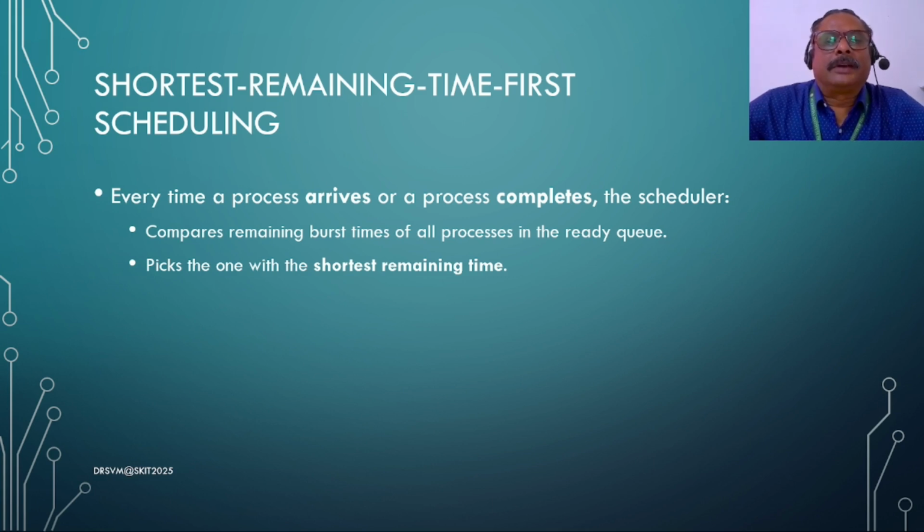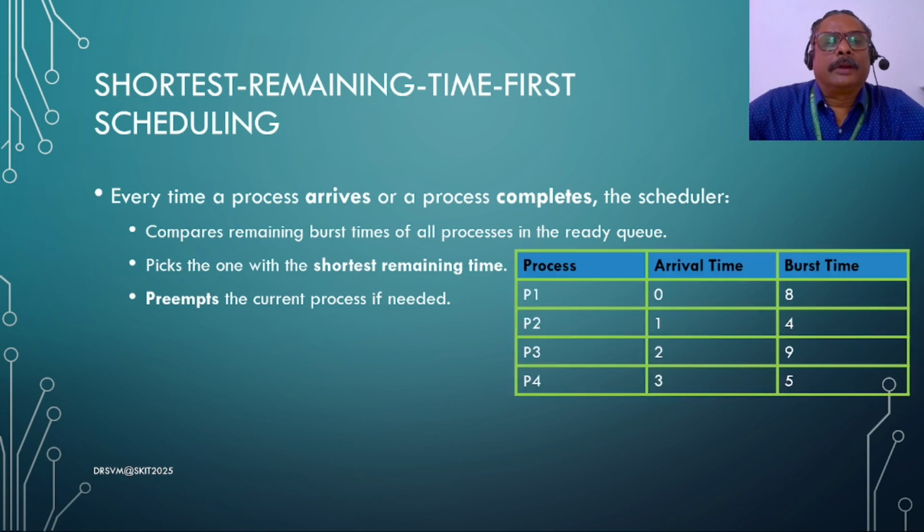If the remaining time of the running process is smaller than the smallest in the list, then it is continued. Otherwise, the smallest burst time process gets in and starts running. So this preempts the current process whenever required.